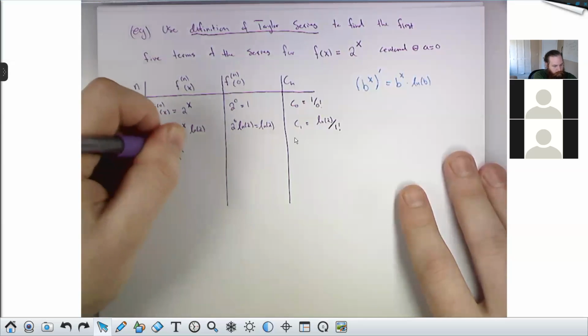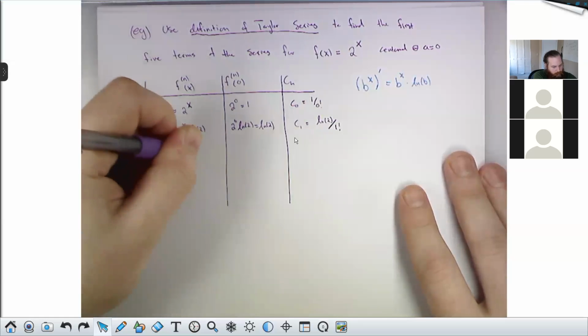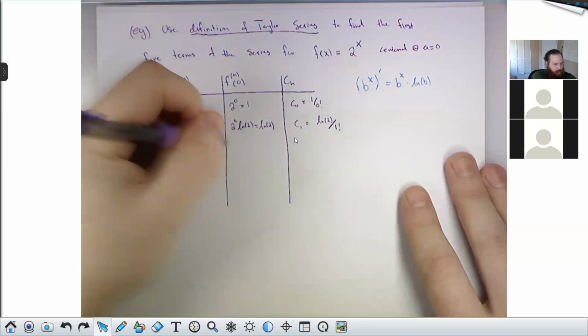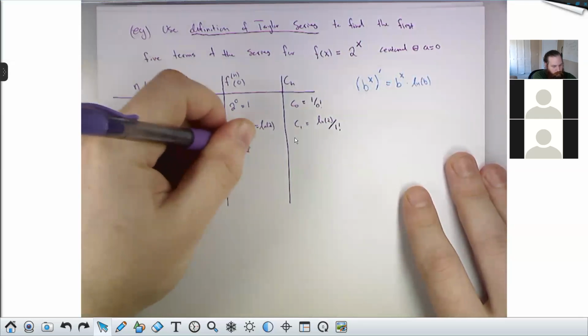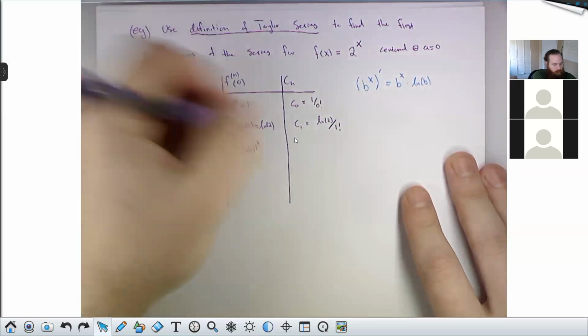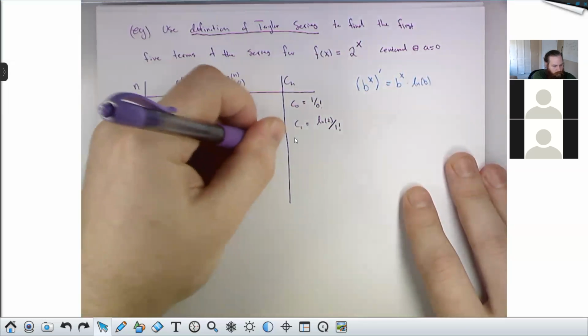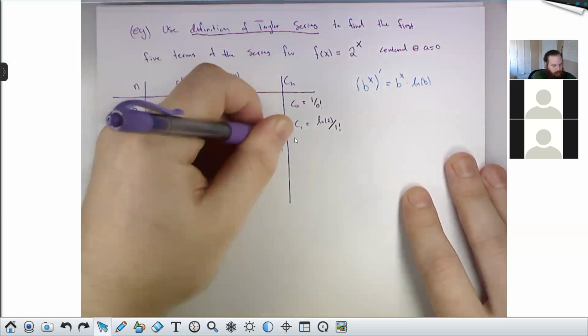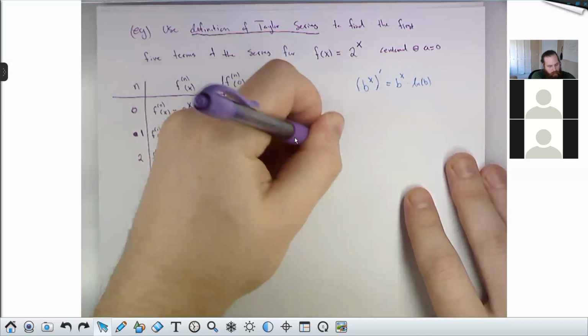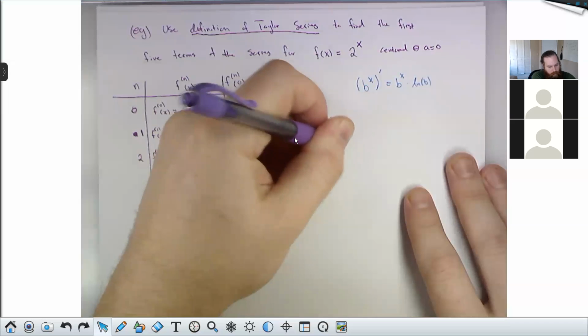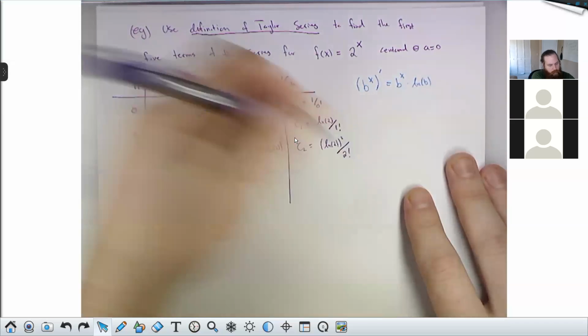So I'll get 2 to the x times ln 2 all squared. At 0, that's going to be 2 to the 0 times ln 2 squared, which is just ln of 2 all squared. So C2 here is ln of 2 squared over 2 factorial.